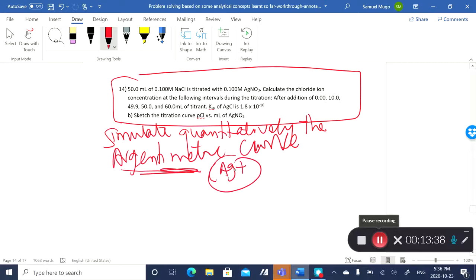And so you've been given a situation here where you're titrating a chloride standard with a standardized silver nitrate solution. And the question is, calculate the chloride ion that is present in your Erlenmeyer flask at different intervals in the titration.